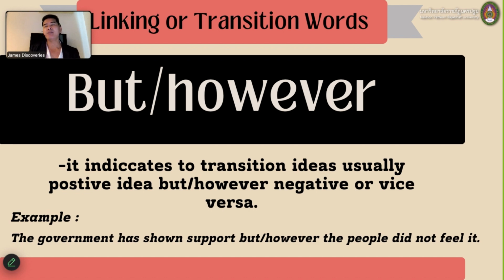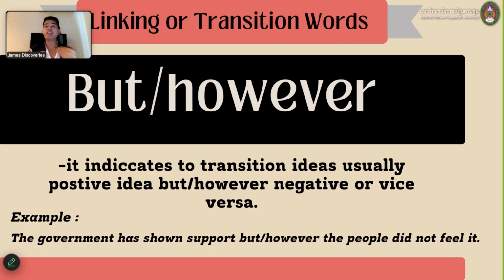You can start with negative and then but or however positive, or you can start with positive and then but or however negative. It is up to you. For example, the government has shown support, but or however, the people did not feel it.